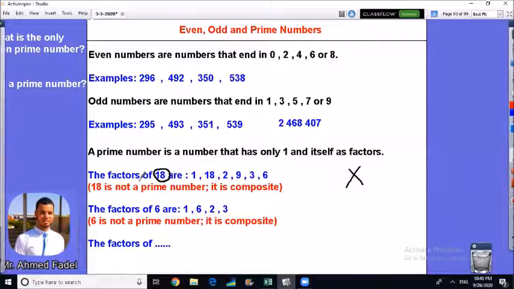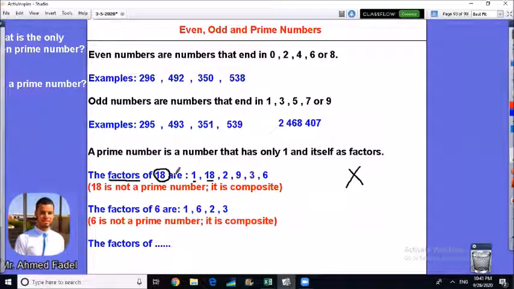This is the meaning of factors. Here we have 1, multiplied by 18. 1 and 18 are factors of 18. So 1 is a factor of 18. 18, of course, is another factor of 18.